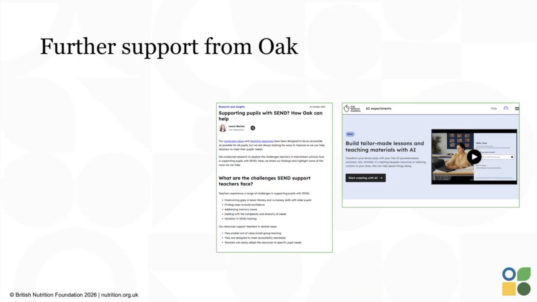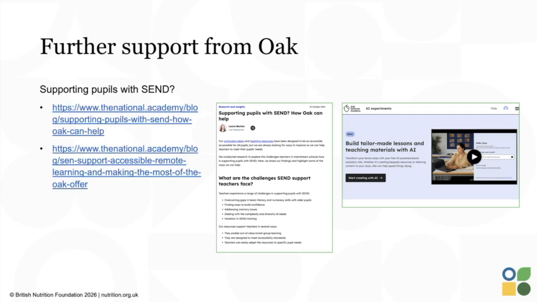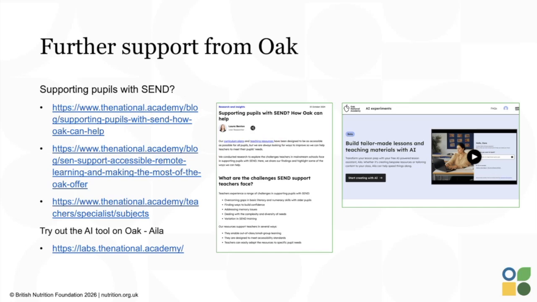There's also further support from Oak that's available. Again, there's some great blogs looking at the research and insight that you can get to support pupils with special needs. What I've done here, I've simply put the links on for you to have a look, have a read, and get some more information. And as I mentioned, I'd also really recommend having a look at the Oak AI tool. It's been created just for you, just to really support education.